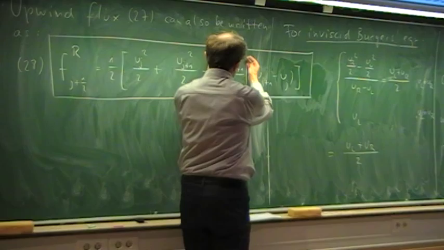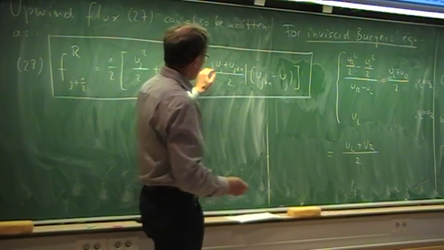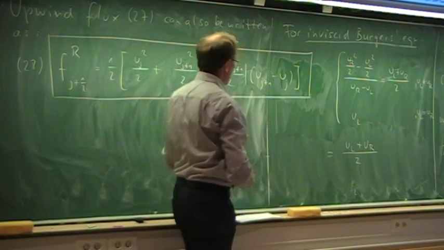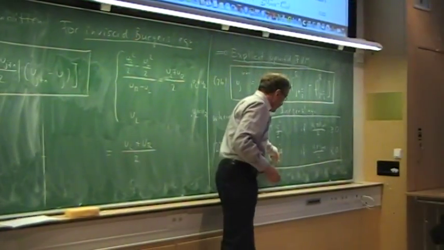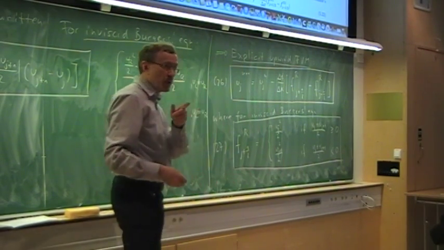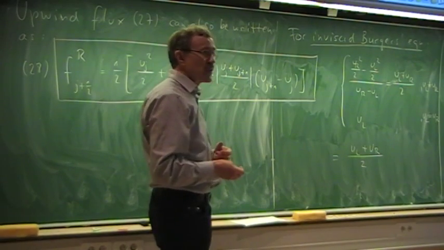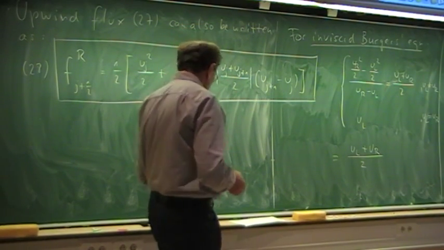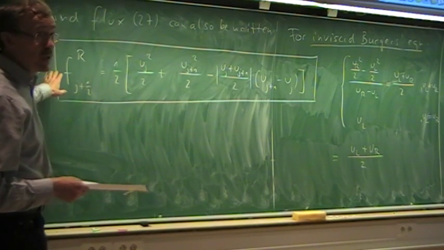So you have brackets, but with a minus, so you get a plus here with usual brackets. And then if you do that, you will see you get this result. So you do the same thing as we did for the linear advection equation. We have the two cases, and you will see you get the right one. So that is a way where you can avoid the if statement.